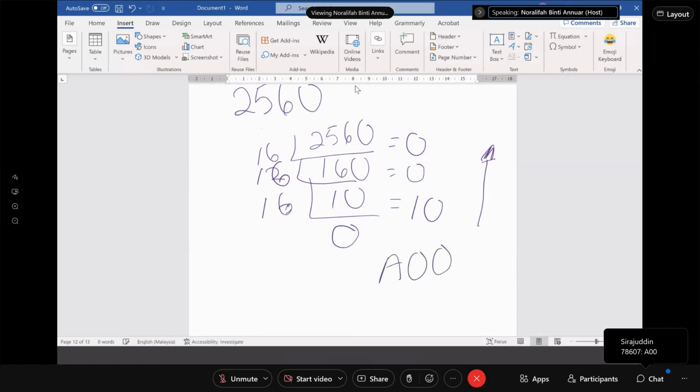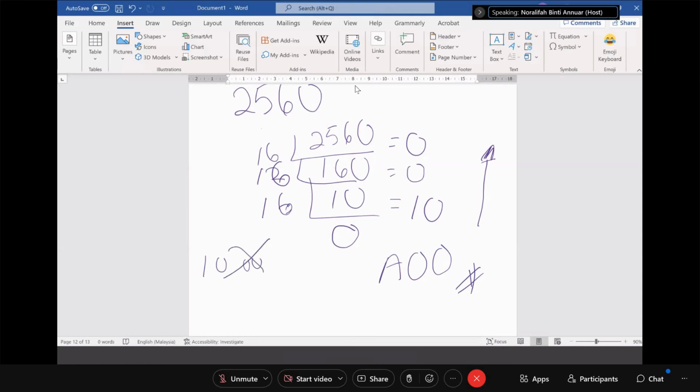Ada student buat 1000. This is wrong. Kena ingat lah, because 10 you convert it to hexadecimal representative to be A. So quickly.